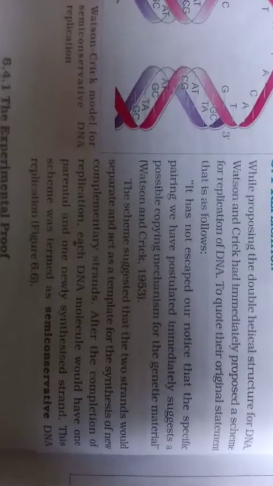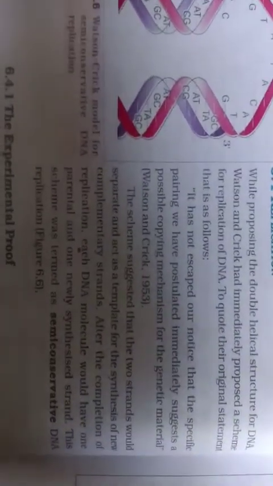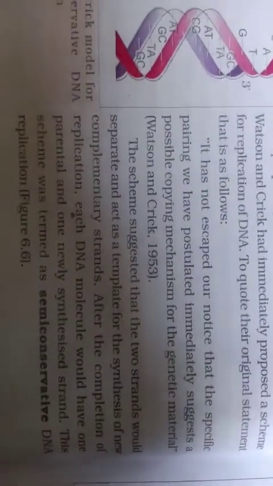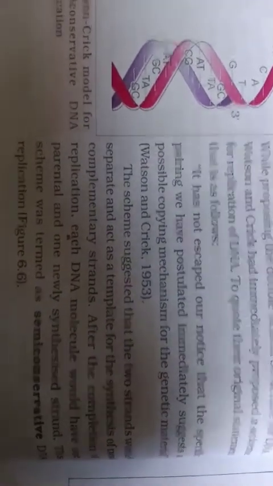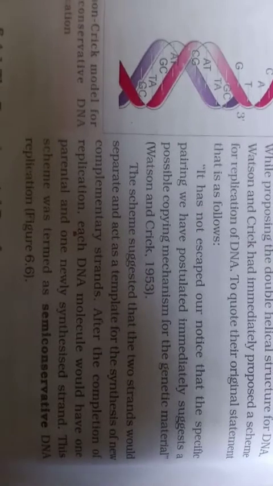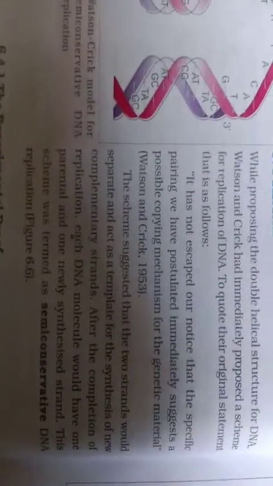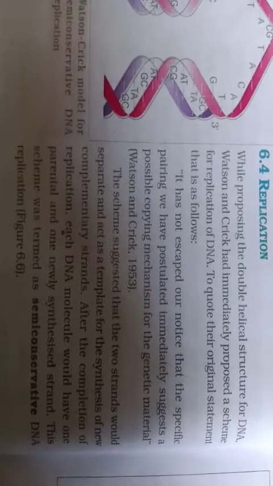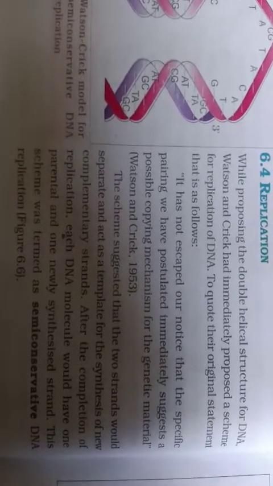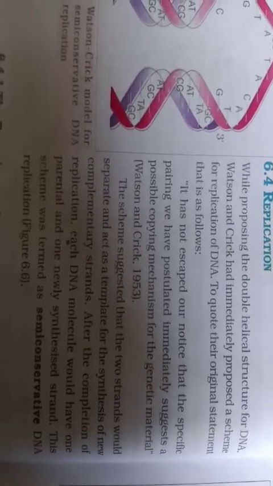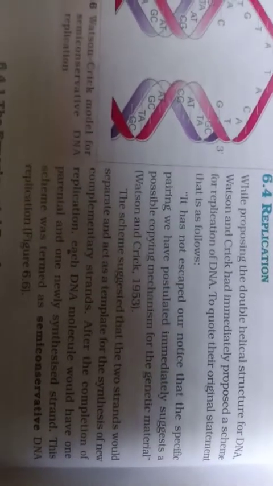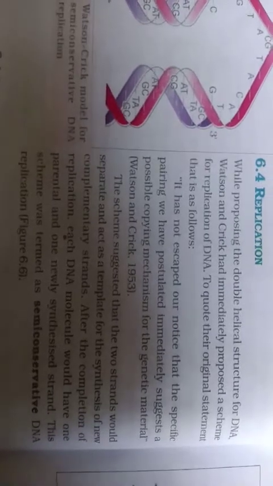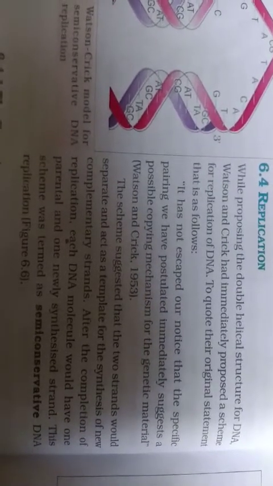These are the words said by Watson and Crick when they proposed the double helical structure of the DNA. The scheme suggested that the two strands would separate and act as a template for the synthesis of new complementary strands. That means the two strands of the original double helix get separated during the synthesis of the new DNA, and the complementary strands are synthesized from each old strand.